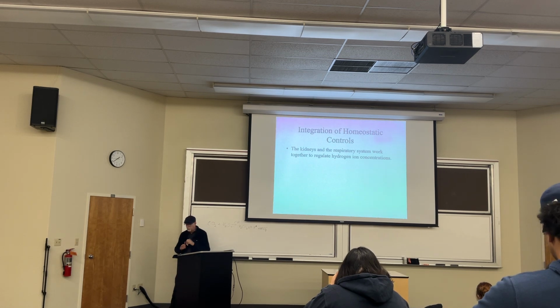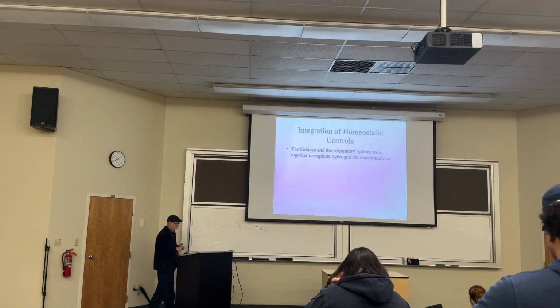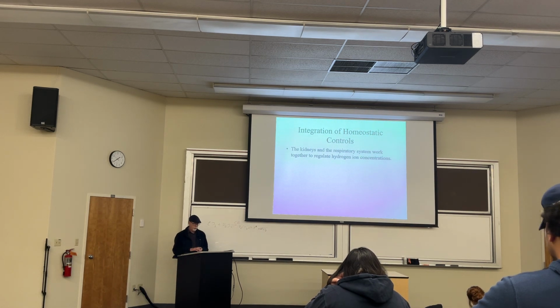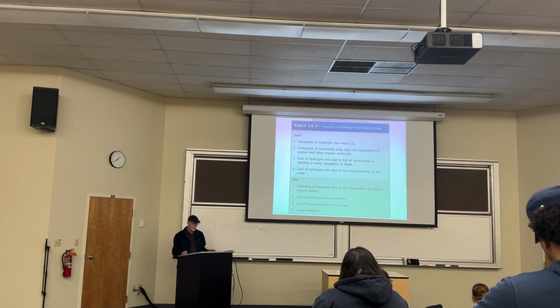The other way to control acid base is through the kidneys, the renal system, and the urine, and the respiratory system. Before we get to those in more detail, especially the renal system, since that's the chapter we're on, notice that we can gain hydrogen ions from a number of different sources. This is a table from your book.